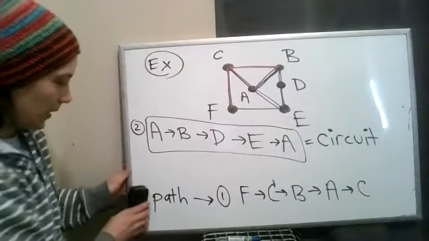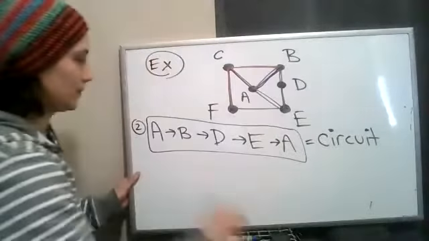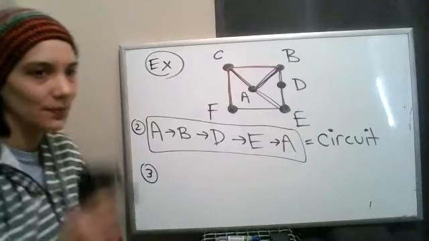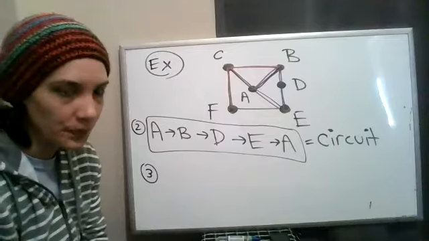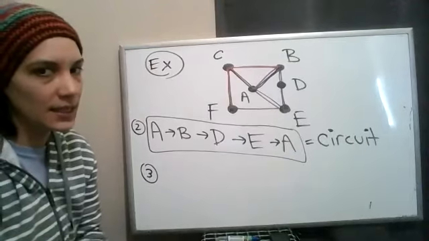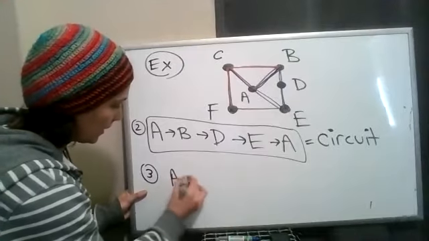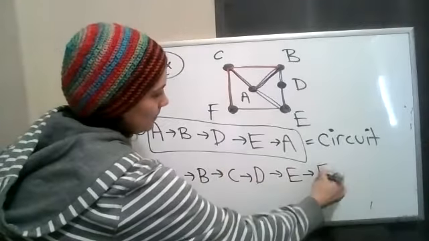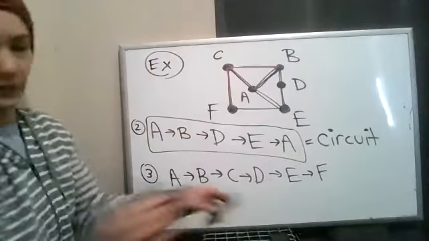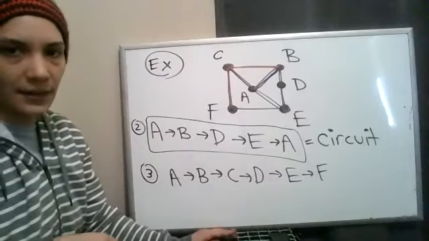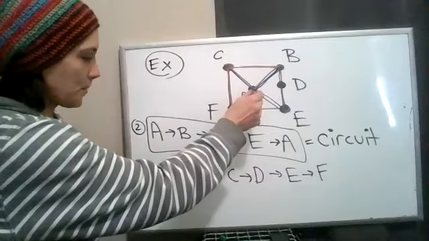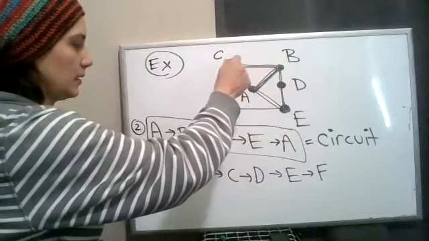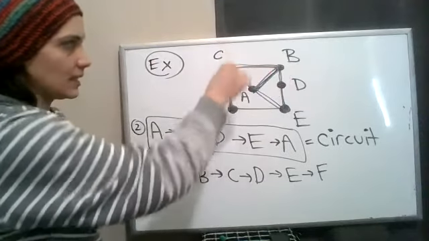All right, number 3. So it's A, B, C, D, E, F, A, B, C. So we're starting at A, going to B, then to C, okay, over to D. That's not good.